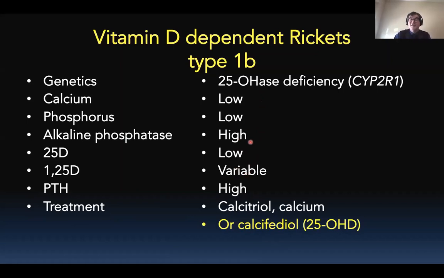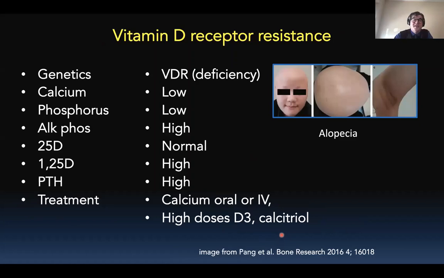And the signal here is usually that there is a family history that might make you dig a little bit further, or when you try to start treating them with regular vitamin D sources, their 25D fails to rise. And so these patients can be treated with calcitriol and calcium, or you can give calcifediol, which is a 25-hydroxylated form, to bypass the defective step.